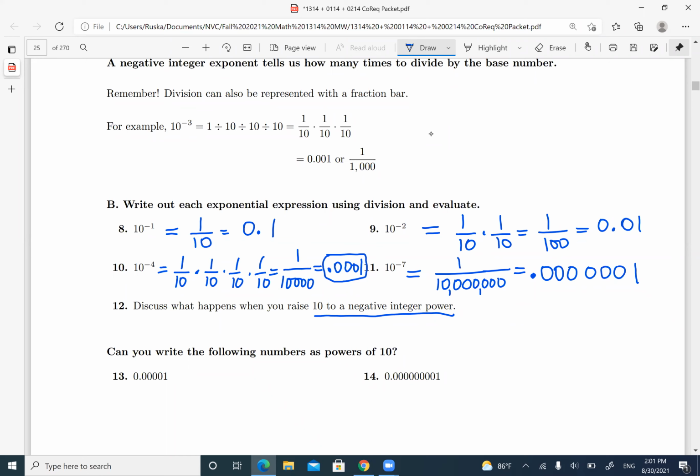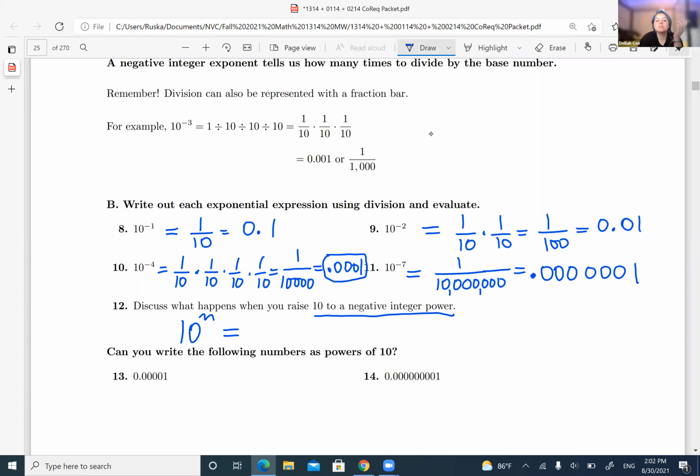can you tell me what is the rule? What happens when you raise 10 to a negative integer power? What do you get? You decrease it.